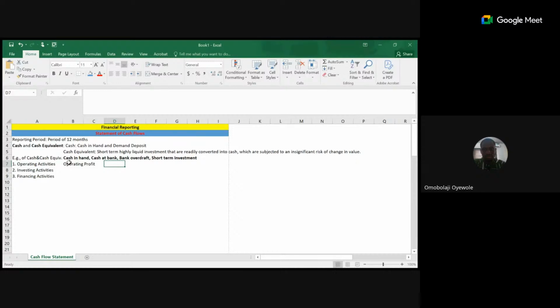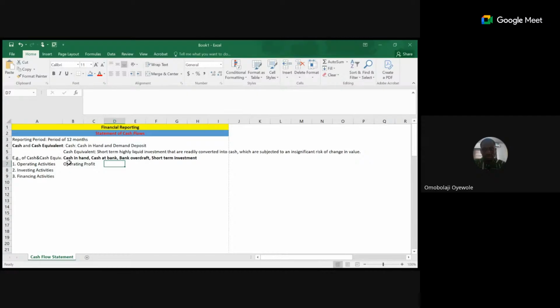They are such as the revenues that have been earned for the period and the expenses that have been incurred for the period. We match them against each other to determine the operating profit.